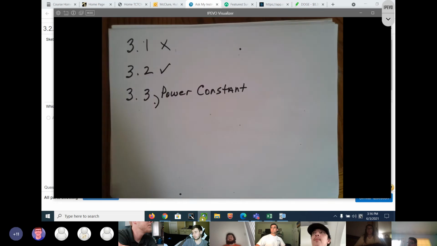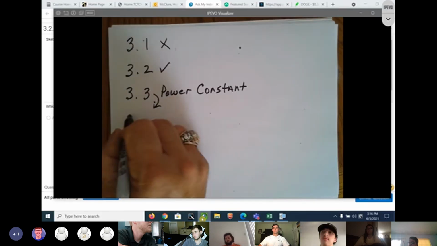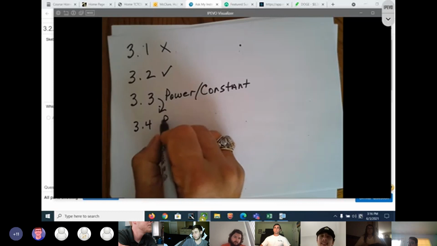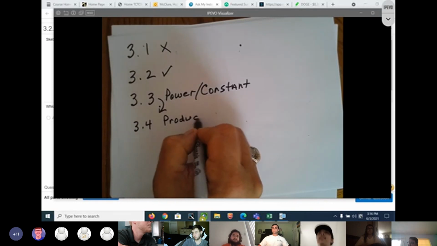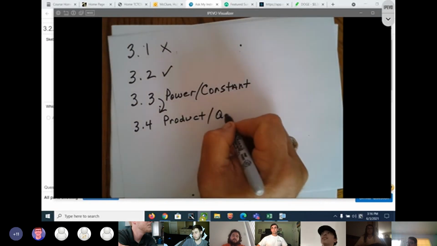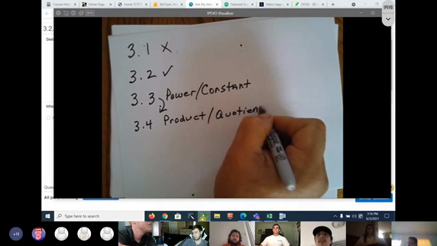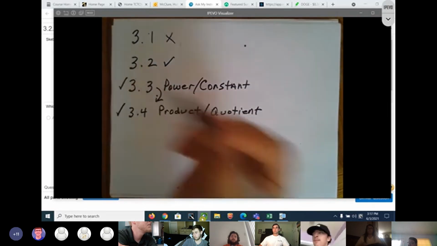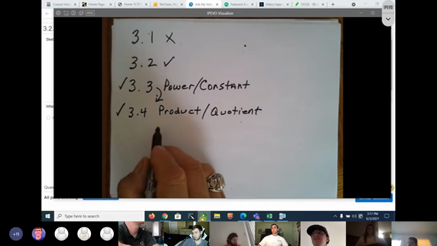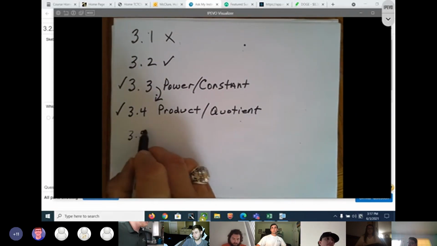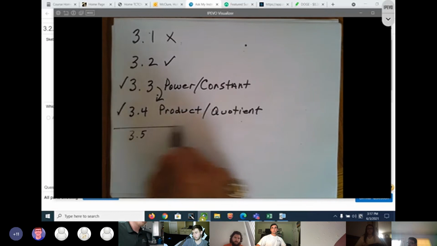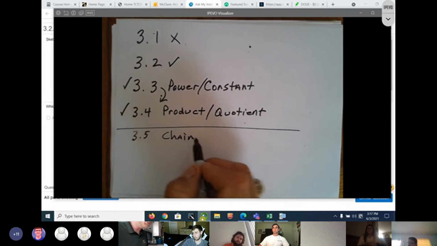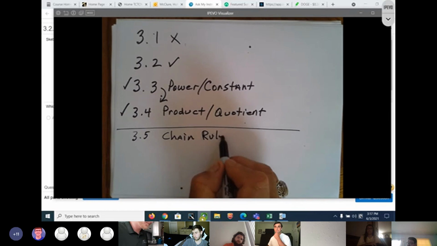And 3.4 is the product and quotient rule. And 3.5, I think we're going to go into the chain rule, and we haven't done that yet. So don't even worry about that.